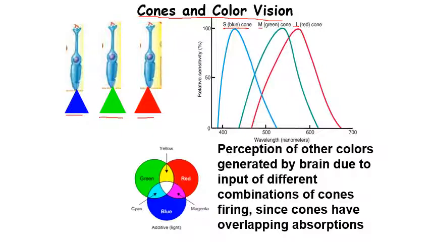And so what the brain does is it puts perceptions to the different signaling. You can see if we get a combination of red cone signaling along with green cone signaling, the brain perceives that, puts a perception as a yellow color. Okay?